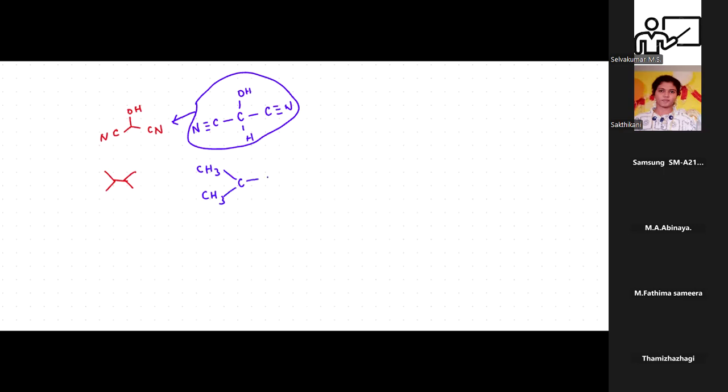And two more CH3 groups are there on this carbon. In order to satisfy the bonds, one hydrogen is here, another hydrogen is here. So this molecule is CH3, CH, CH3, CH, CH3, CH3.